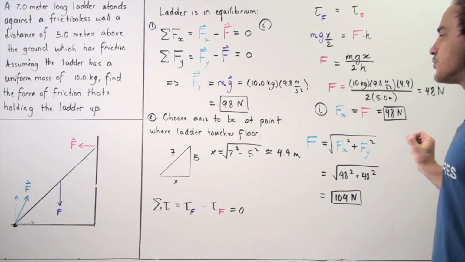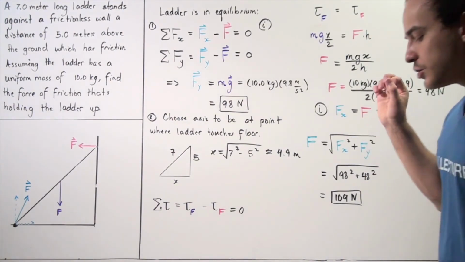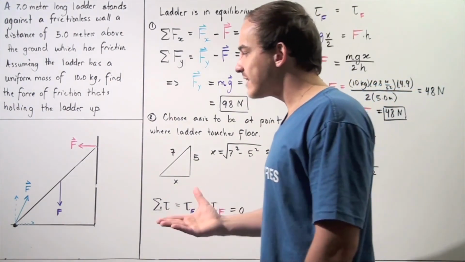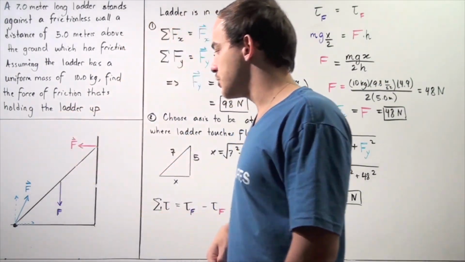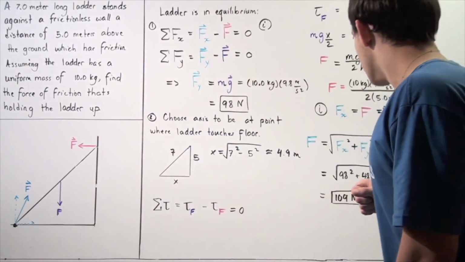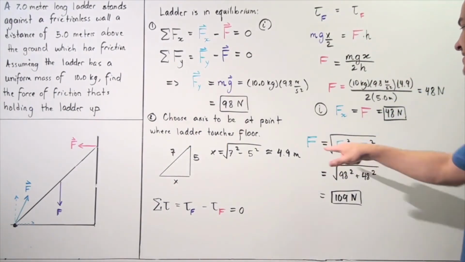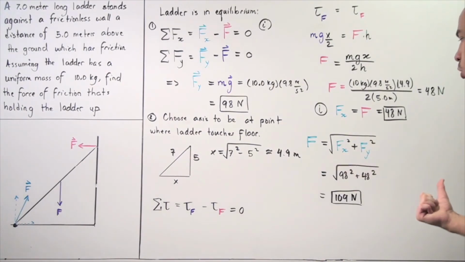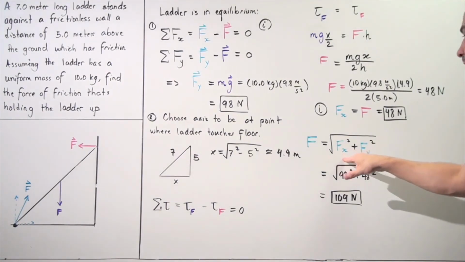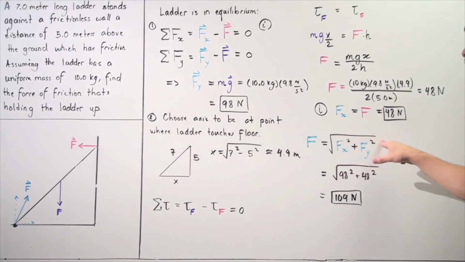So that means now we can use the two component forces to actually calculate what the quantity of our force of friction is, the blue force. So we have our force of friction is equal to the square root of the sum of our two components. So we have Fx squared plus Fy squared. Take the square root of the sum of the squares.